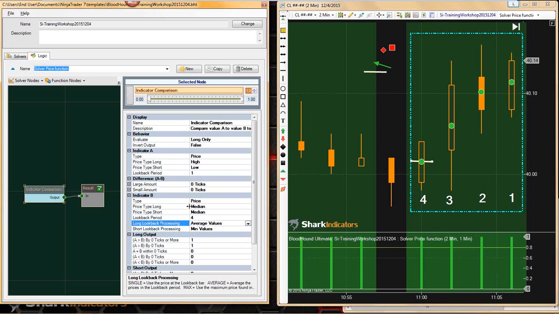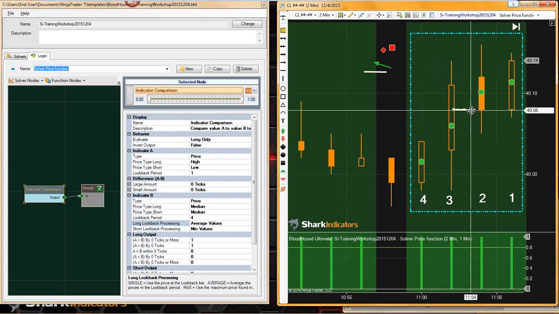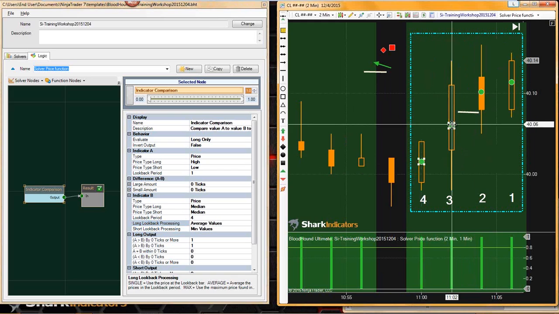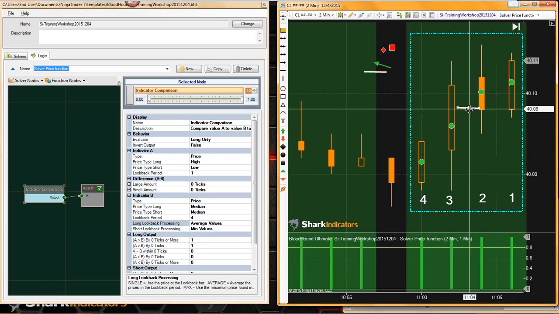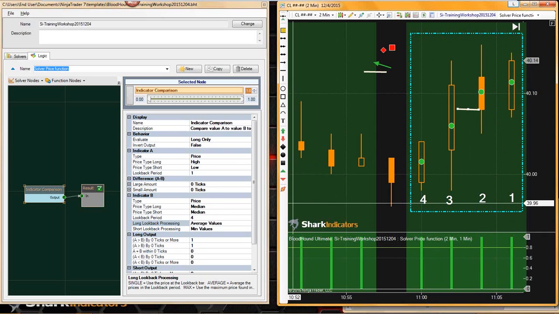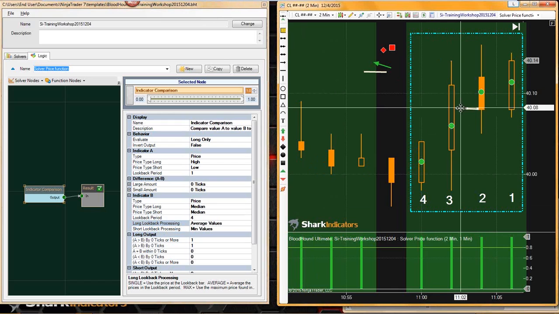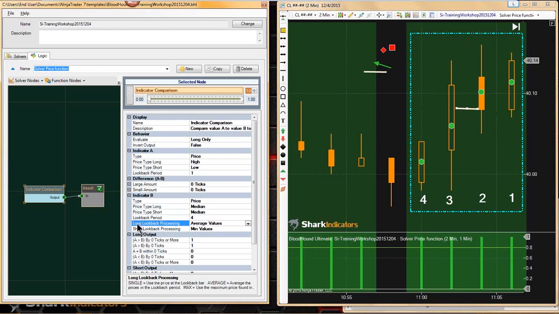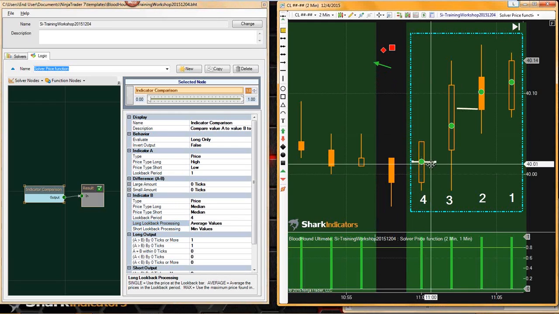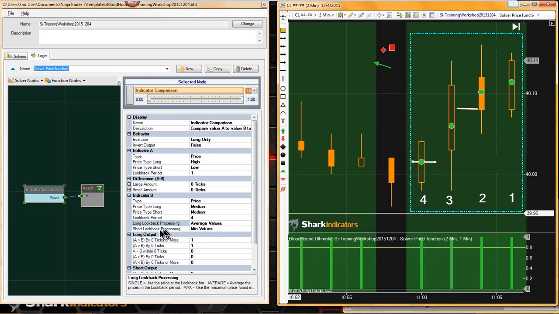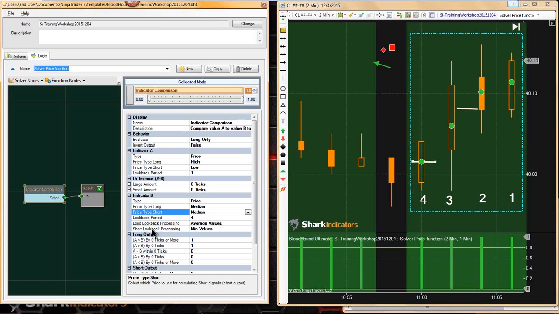Now the long output is going to use the median of the last 4 bars and calculate the average of the median. So my guess would be the average of these green dots, which approximate the median price of each bar. Probably right about there is the average value of those 4 medians. So this price value is what would be used to calculate the long output, and this minimum, the lowest median price, is what would be used to calculate the short output.